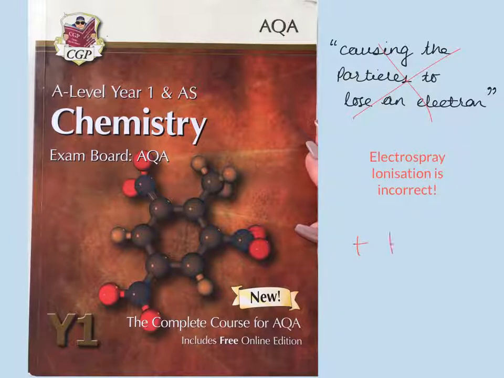They gain a proton, and they become MH+, as we've just said. So be really careful with your textbook. There's an error in there, and you need to make sure that you're not writing that in an exam. This phrase is absolutely fine if you're talking about electron bombardment, but not when you're talking about electrospray. And on that note, the electron bombardment's also missing from this textbook, but it is still relevant.